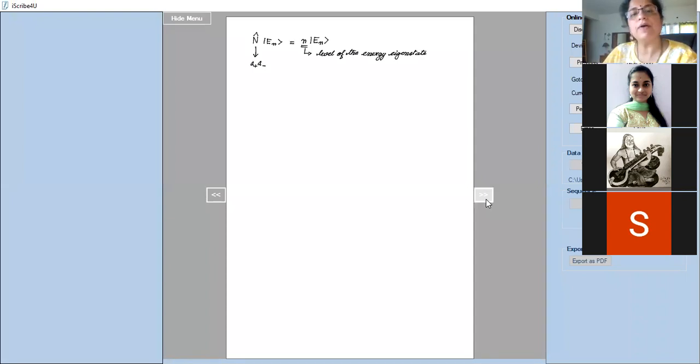So what you have to understand, that this has a special significance. It is sometimes called the number operator. It tells you which energy level you're sitting at. Okay? A minus A plus doesn't have any such significance. I hope that answers your question.